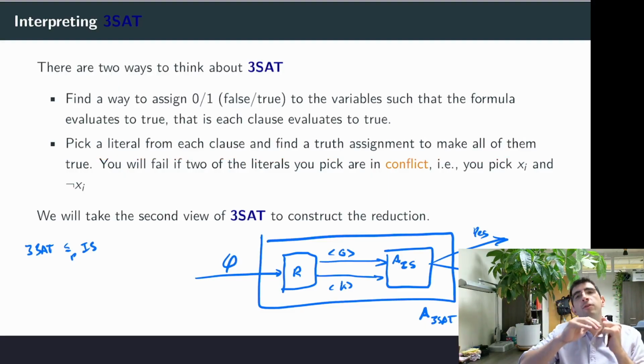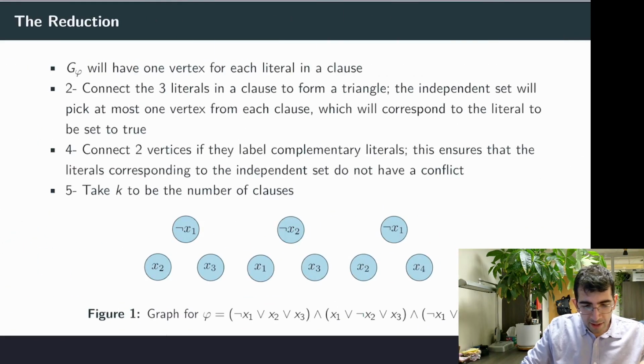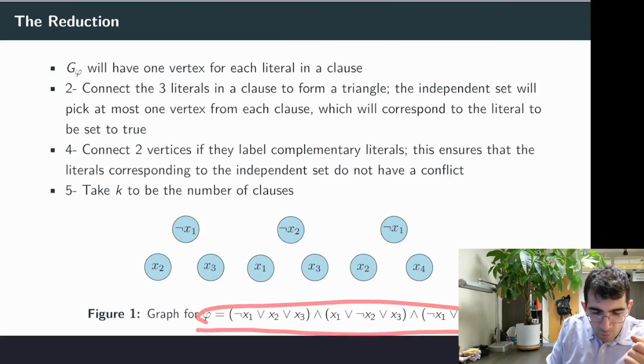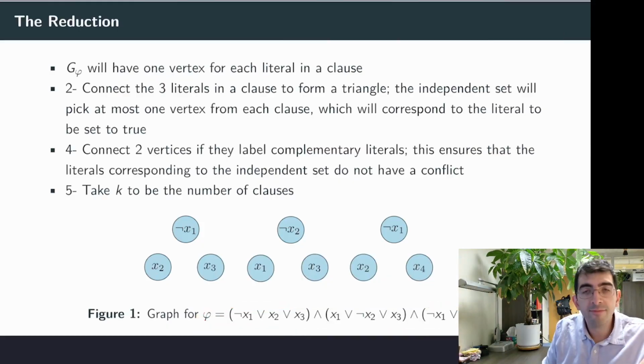So how does that relate to independent set? That's the question. Well, let's play around with the idea a little bit. Let's say we have a particular 3-SAT formula and we need to transform it into a graph.